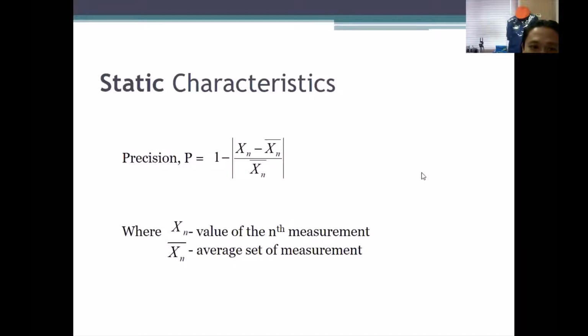So this is how to calculate the precision: 1 minus the value of the n measurement minus the average of the set of measurements, divided by the average of the set of measurements. This is the formula to calculate the precision.